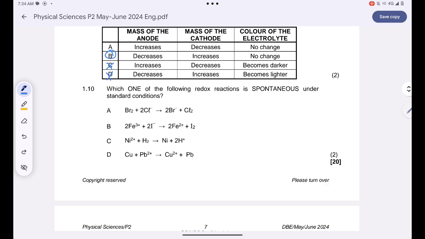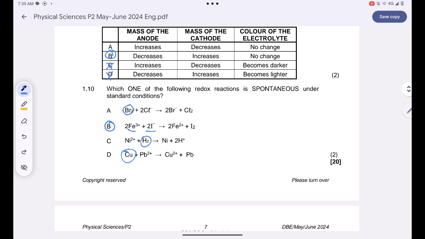Okay, and then now we are being asked which one of the following redox reactions is spontaneous under standard conditions? B will be spontaneous. Are you together? Because already the anode and the cathode are both charged, unlike A, C, and D. These ones are in a stable state.